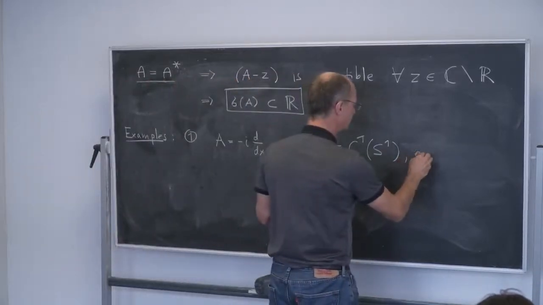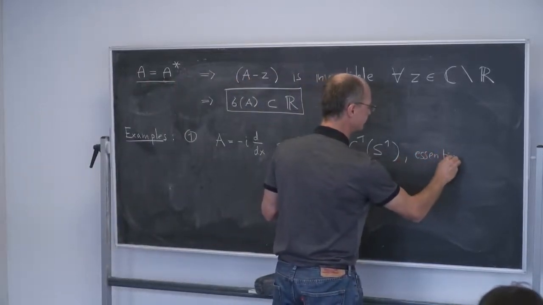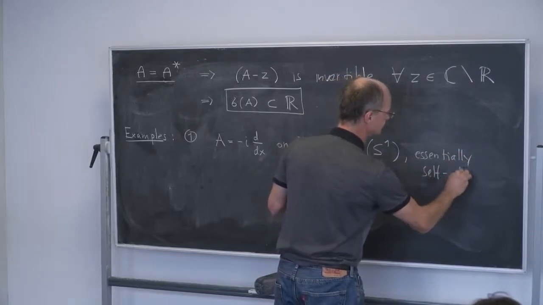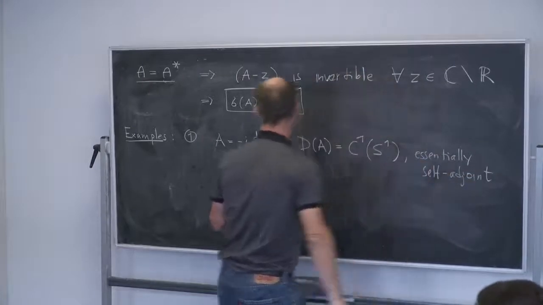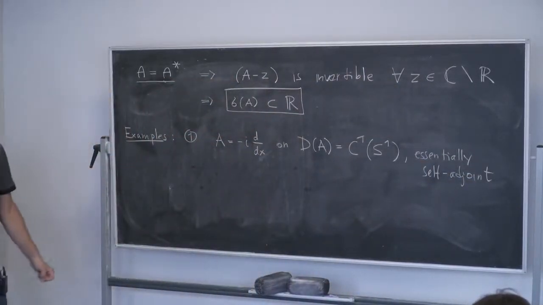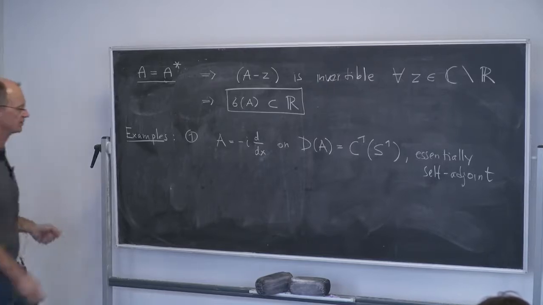So it's essentially self-adjoint, and we actually know the explicit Hilbert basis of eigenfunctions, right?